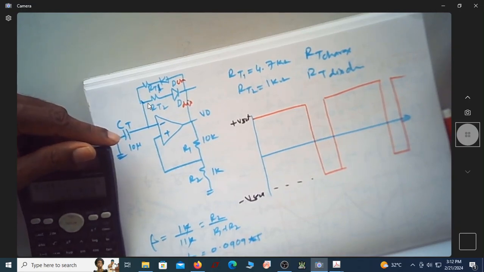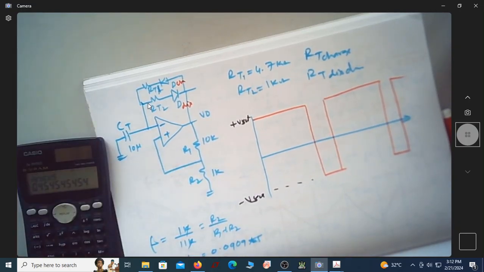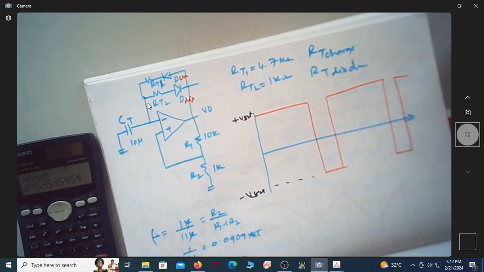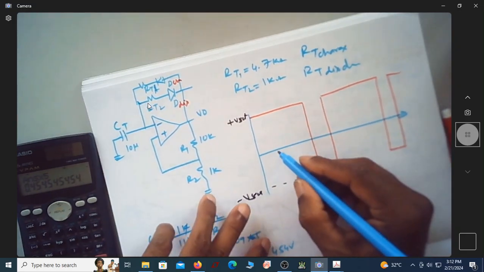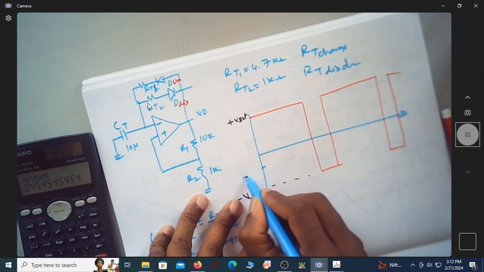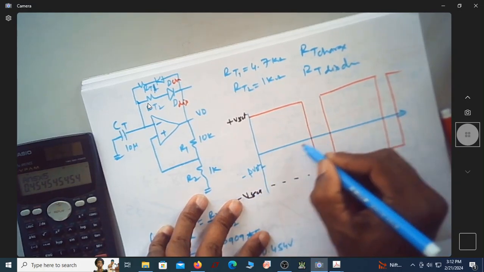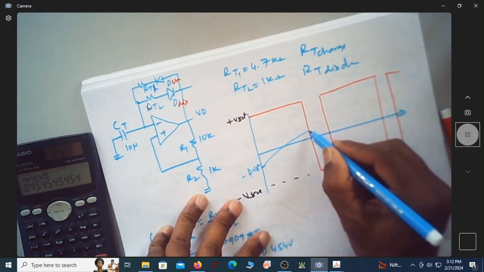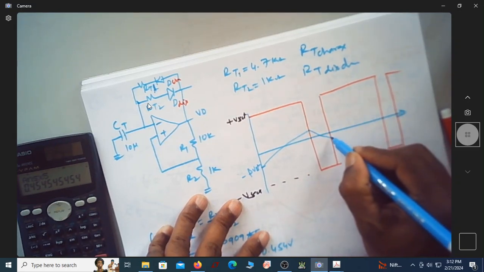Now let me find out what the voltage is. It is plus or minus beta Vsat, equal to plus or minus 0.454 volt. Suppose you consider this as minus beta Vsat, it goes like this. This is your capacitor voltage, charging and discharging.